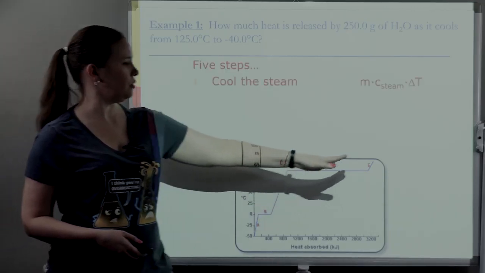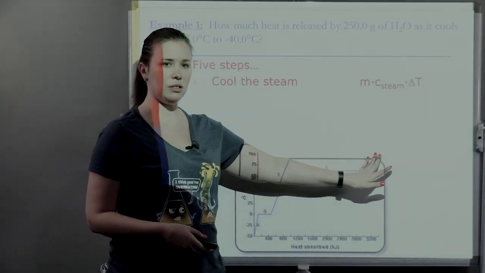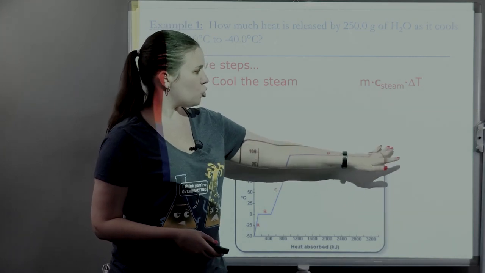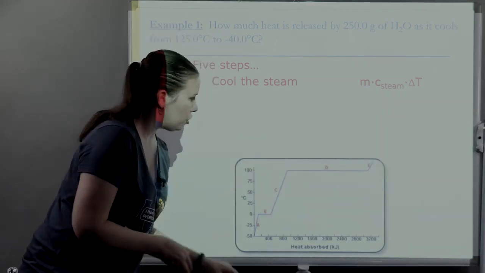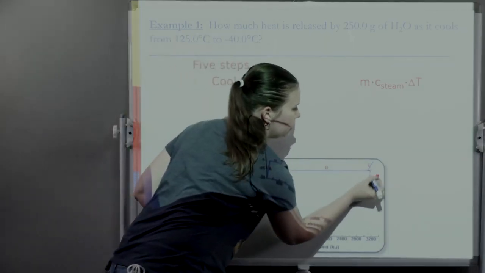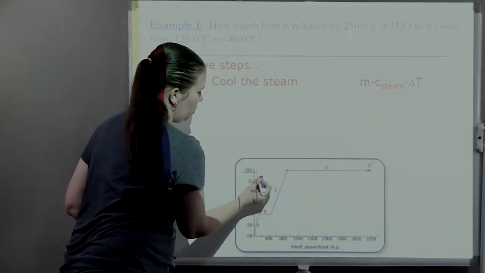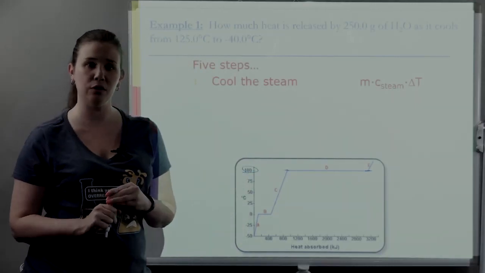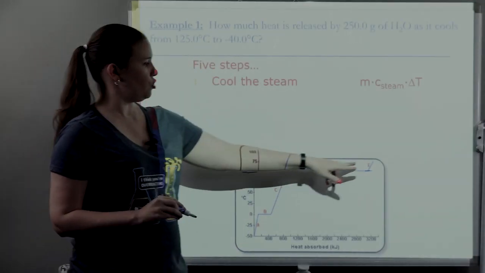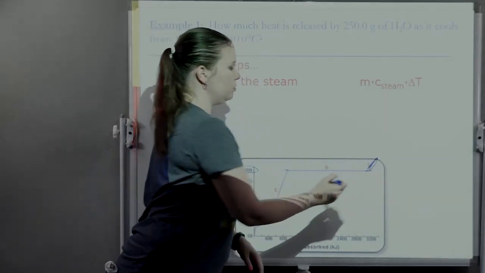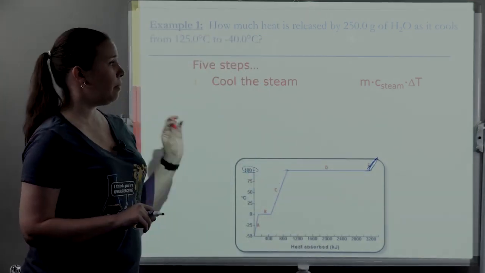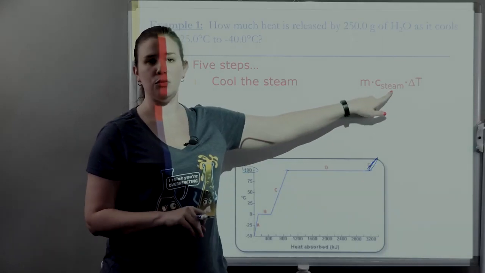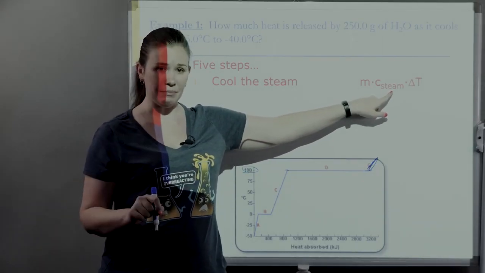First thing I need to do when I have 125 degrees Celsius gas is cool it down to the change where it starts to go from gas to liquid, which we know occurs for water at 100 degrees Celsius. Here you can use Q equals MC delta T, but you have to be very careful to use the C of the steam.